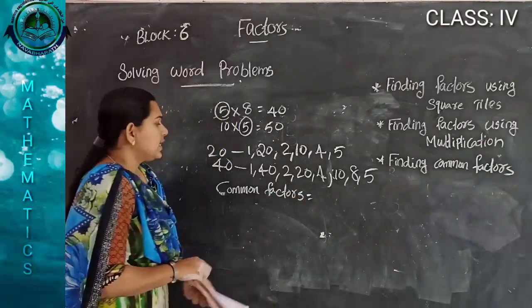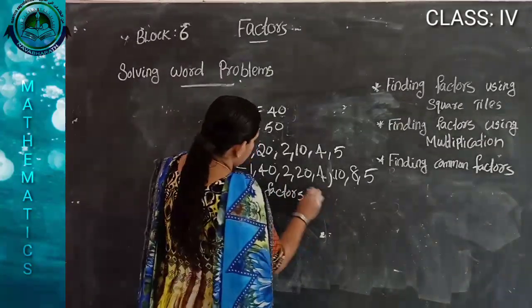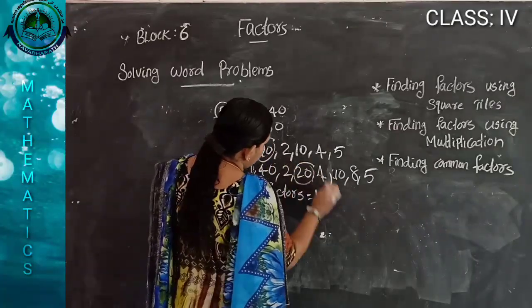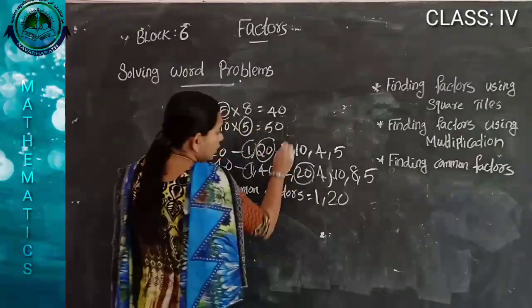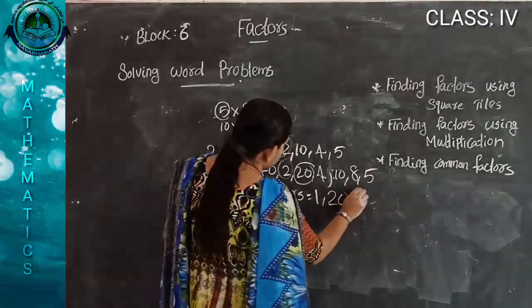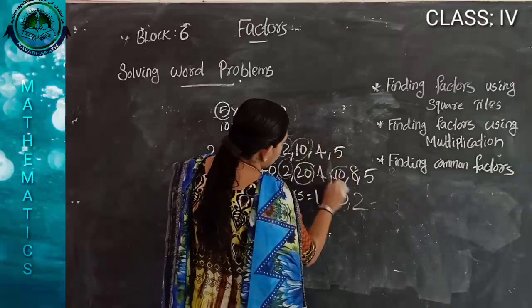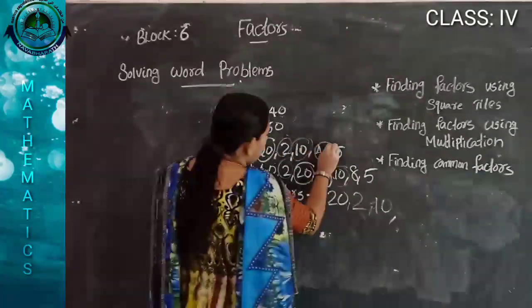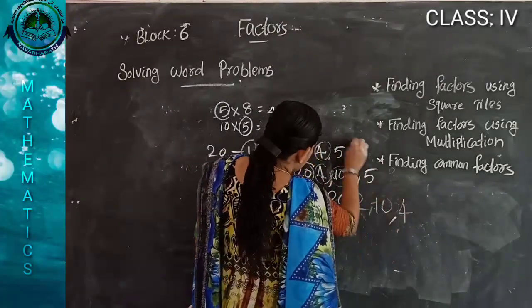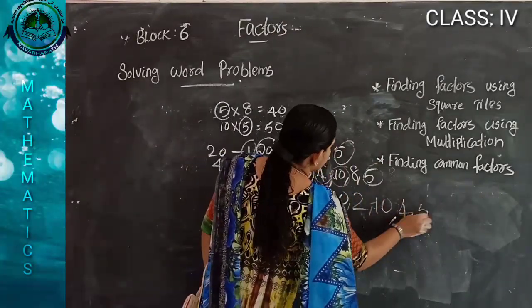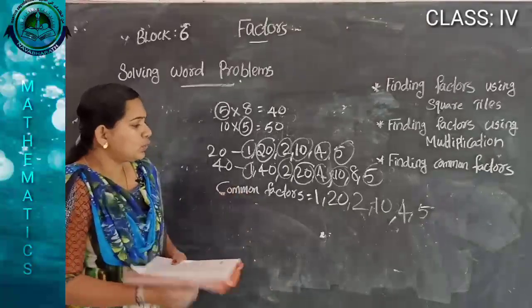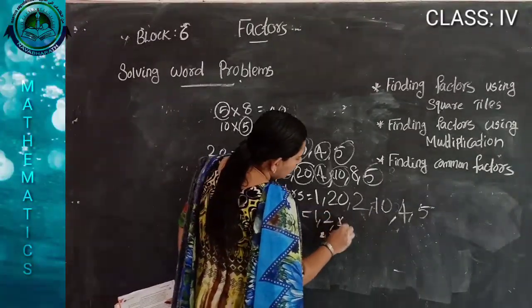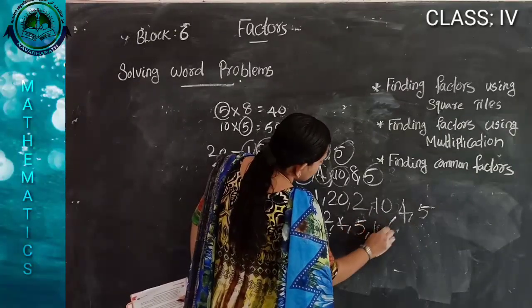Which are the common factors here? 1, 2, 4, 5, 10, 20.